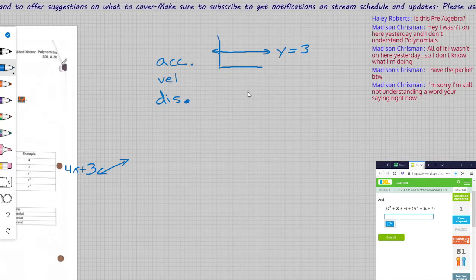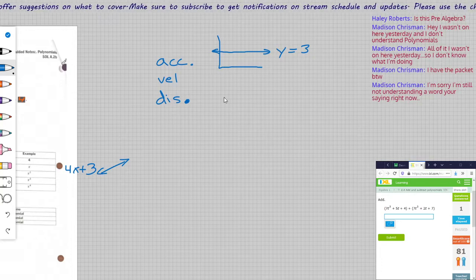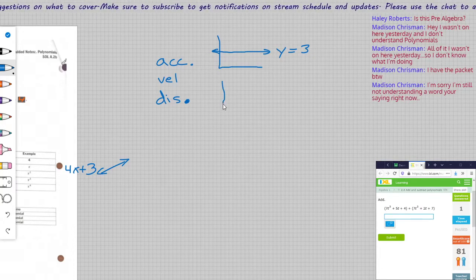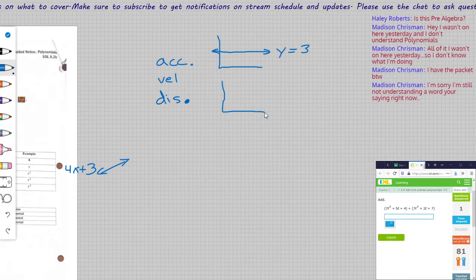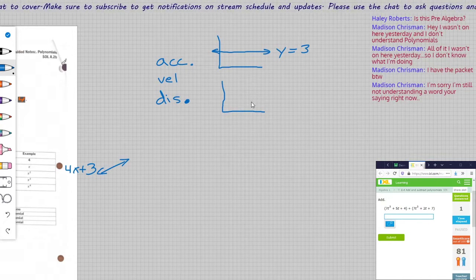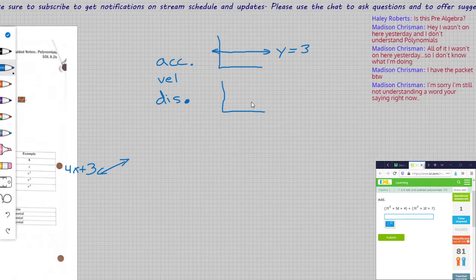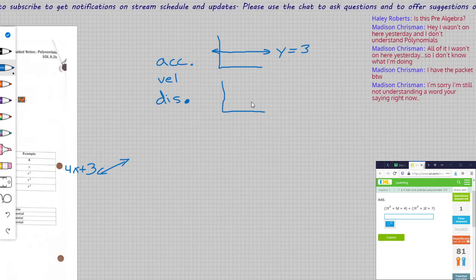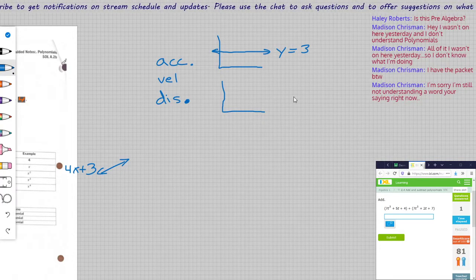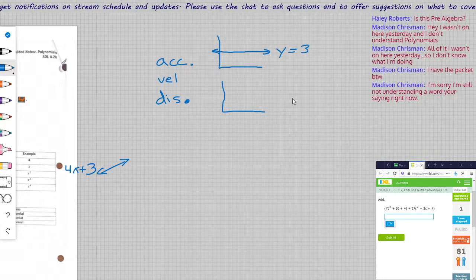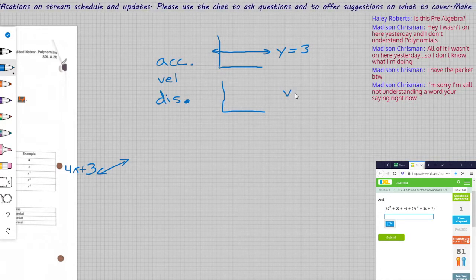Then with velocity, though, it does change, because as you accelerate, your velocity is changing. That means you're changing your speed very rapidly over time. So that means it's constantly going to be increasing. That means your velocity will change based off the time.